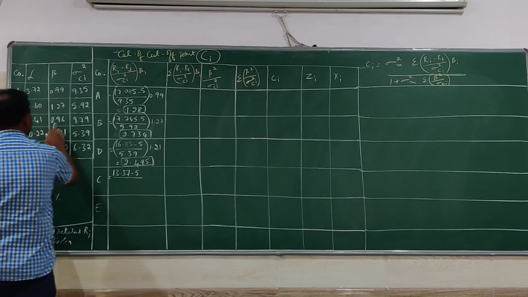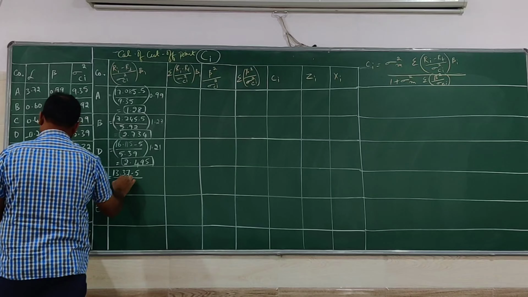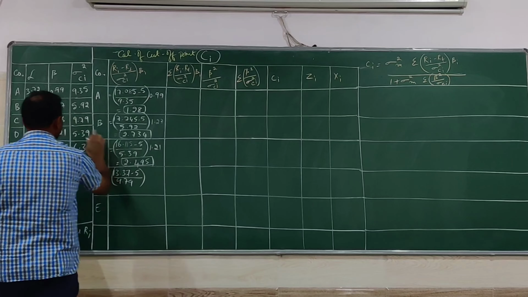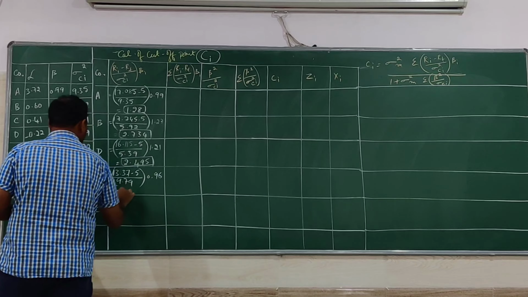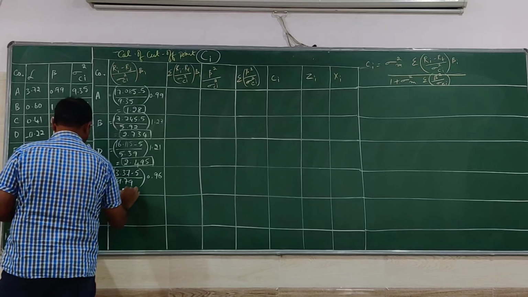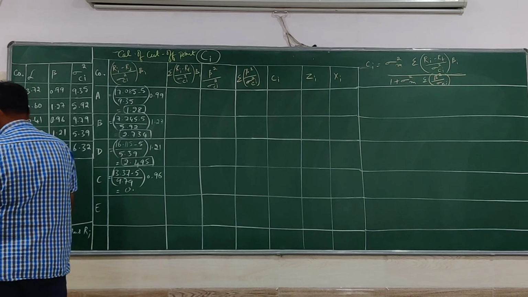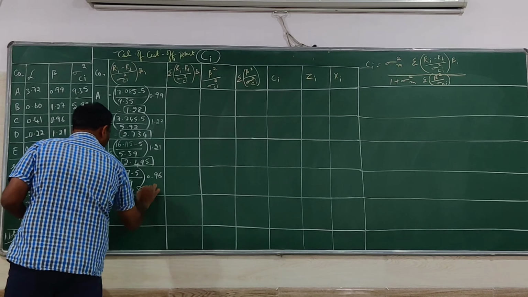Next for C, 13.37 minus 5 divided by 9.79 unsystematic into 0.96, that is beta, 0.820.